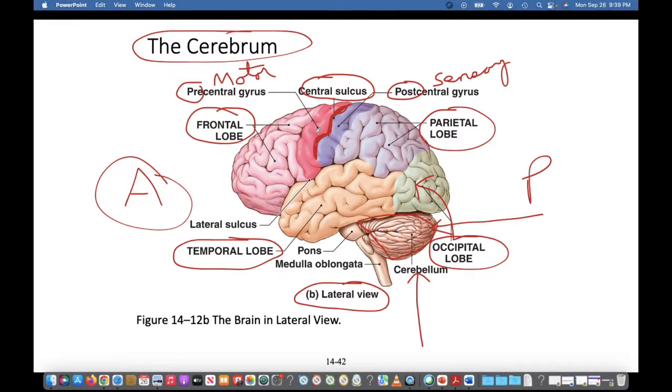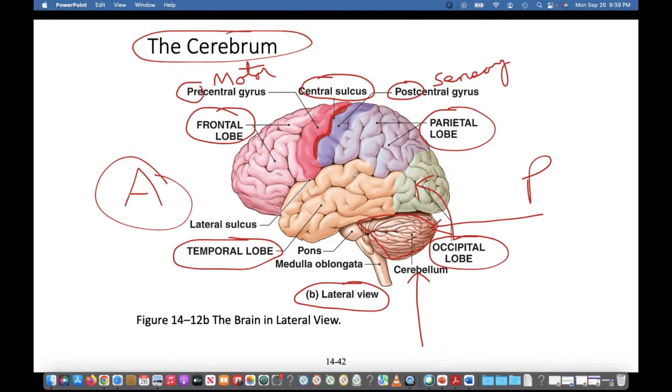In the precentral portion, to move the fingers and the toes and the eyes and the facial muscles and the lips ever so slightly takes a lot of control and power. That's going to take up lots of neurons within the brain. So if you look up homunculus, you're going to see an individual stretched over the precentral gyrus and a person stretched over the postcentral gyrus, and it looks really unusual, but the visual helps you understand what parts of the body are going to occupy more neurons in these two parts.